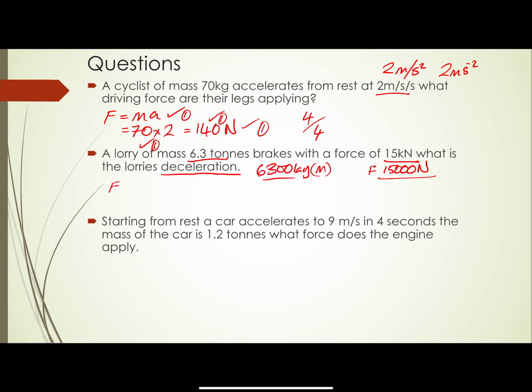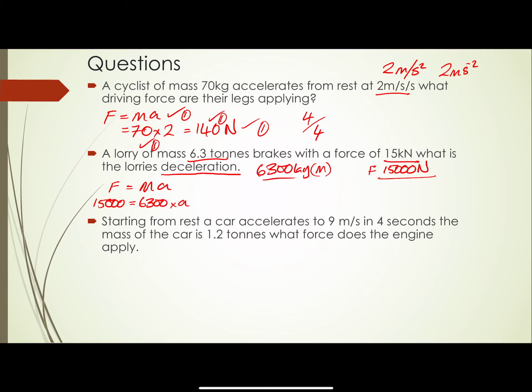So now I'll put the numbers in the equation. I'll just write my equation as it is to start with, because that ensures that I will get the substitution mark. So I'll just put the numbers where it says. So I've got 15,000 equals 6,300 times the acceleration.